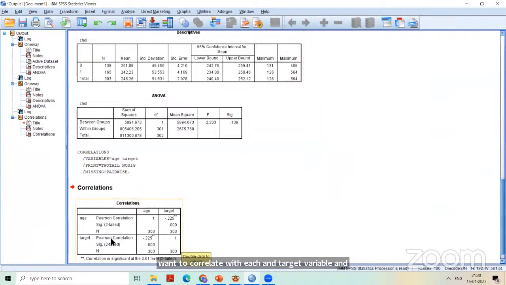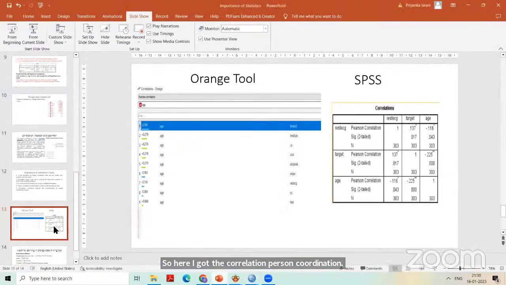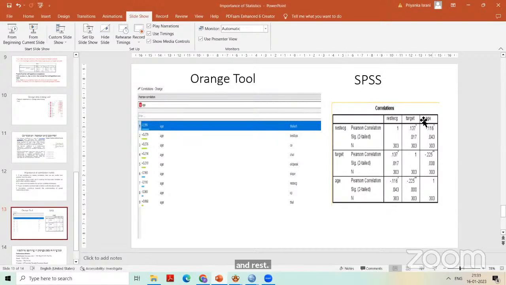So here I got the Pearson correlation. This is the value, and now I will explain what it means. This is the Pearson correlation of age, target, and REST ECG. The correlation between REST ECG and target is 0.137, and between REST ECG and age is minus 0.116.